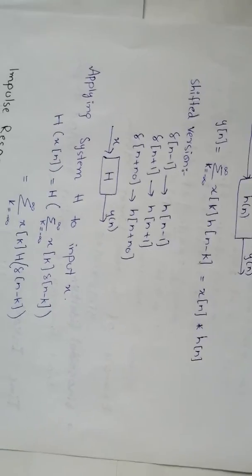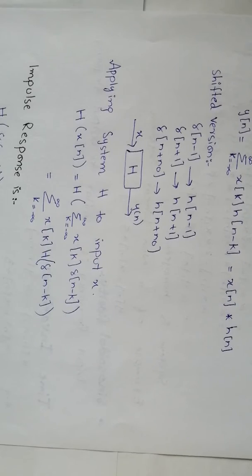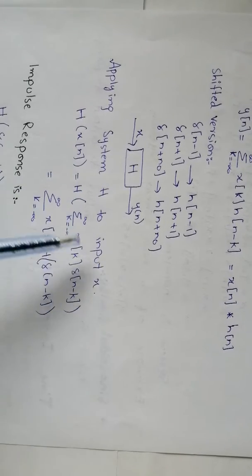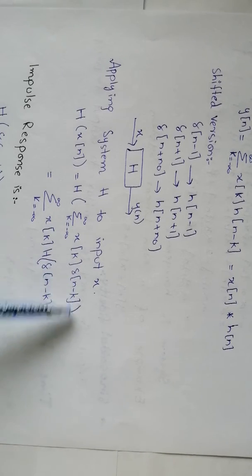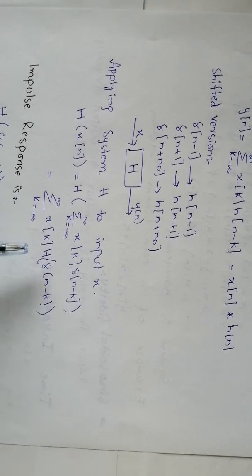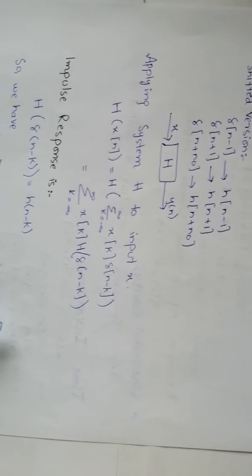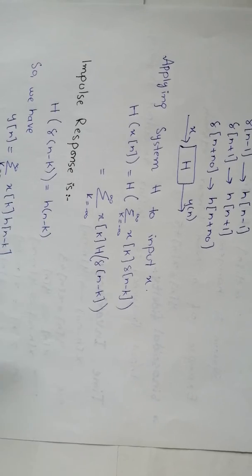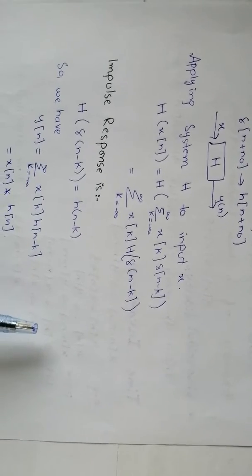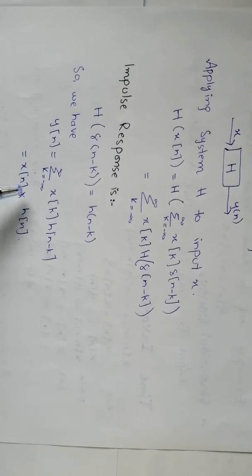So we can say that applying this system to the input x, we get x of k, delta of n minus k, and their summation. So here it becomes h of n minus k, that is the impulse response. So we can write this as this formula.